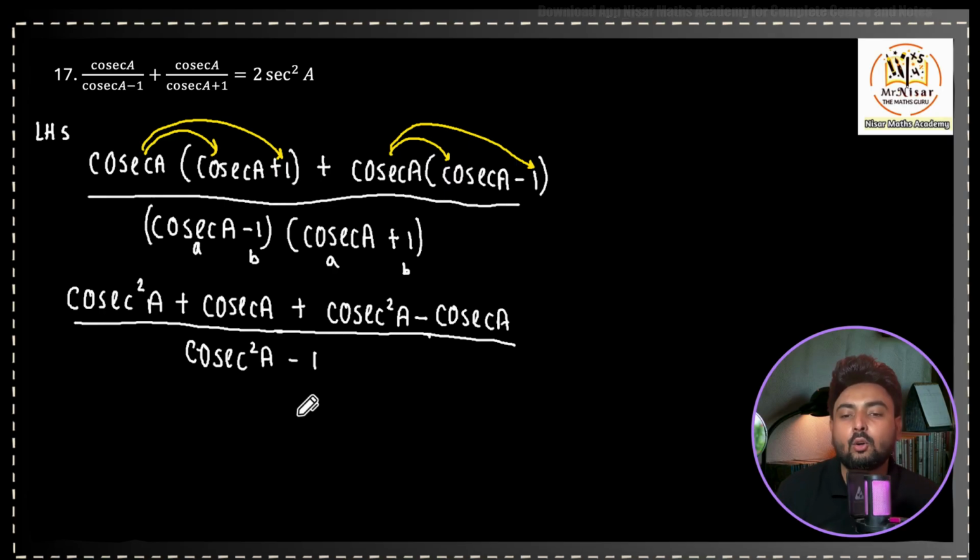Okay, now let's see what we can do. Here in the numerator I am able to see plus cosec A minus cosec A. What will happen? This will get cancelled. And from here only I am able to see the answer. Cosec square A plus cosec square A becomes 2 cosec square A. Is it?